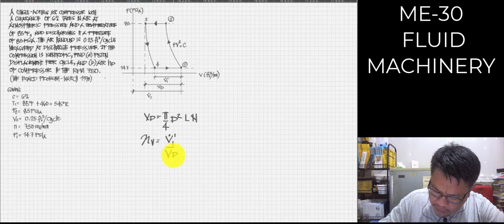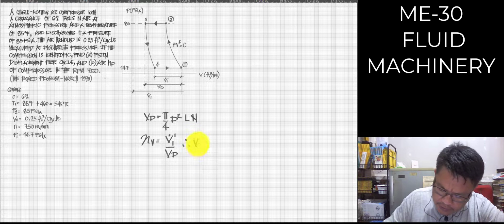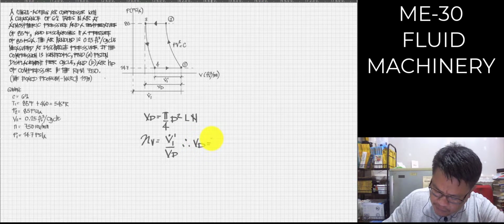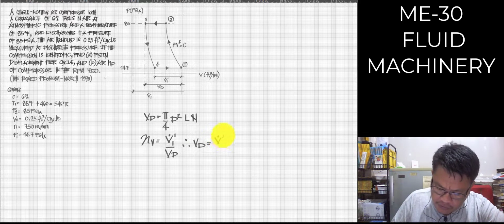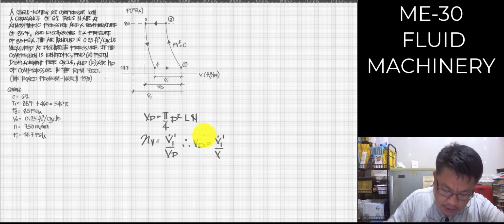Okay, so let's try to rewrite this one. So we can say that our volume displaced is equal to V1 prime divided by the volumetric efficiency.